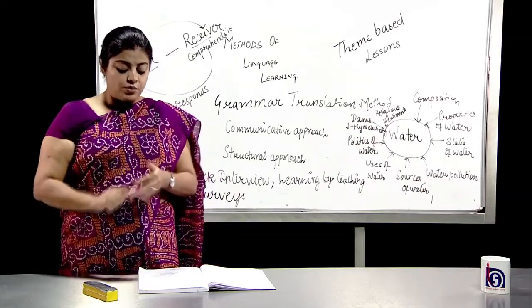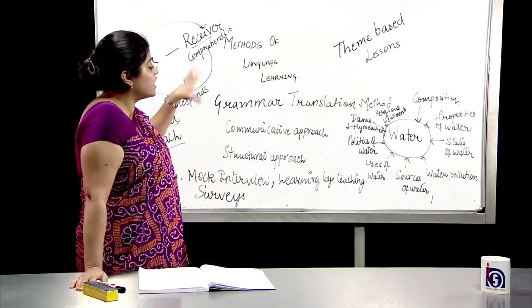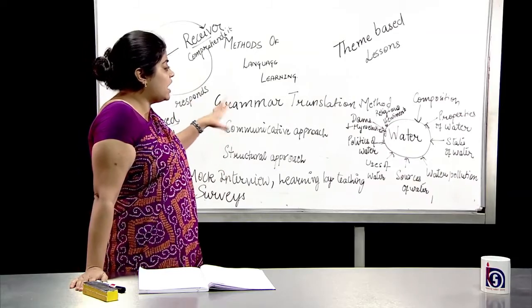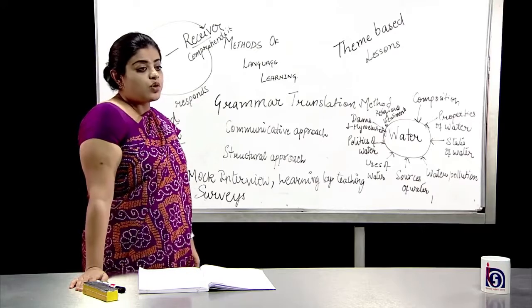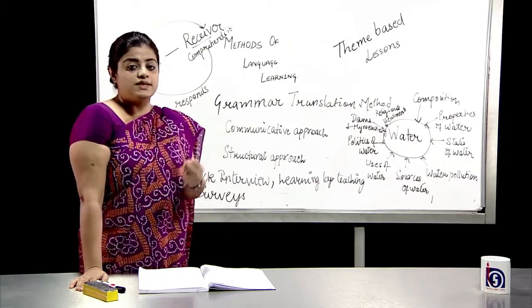So with the communicative approach, we are giving students real life situations to deal with. Now, one major demerit of the communicative approach is that we focus more on fluency.